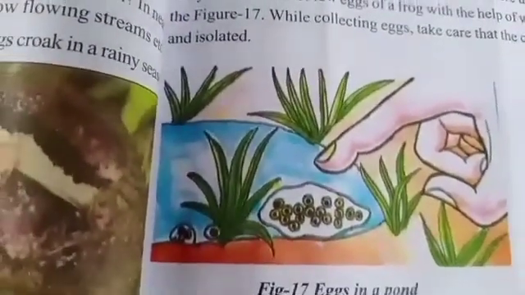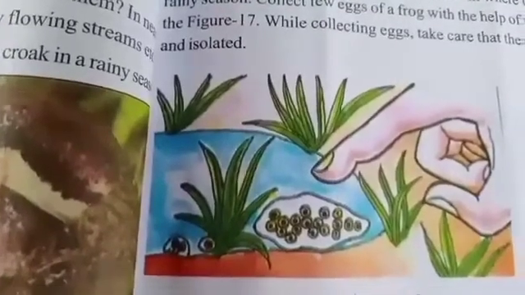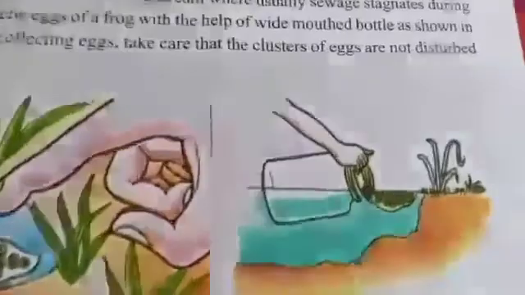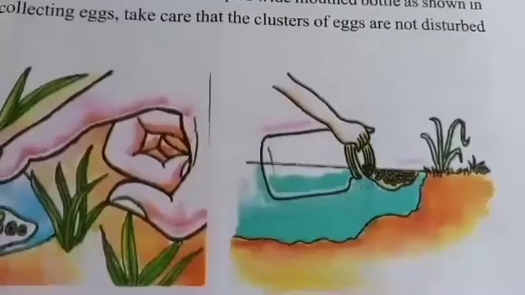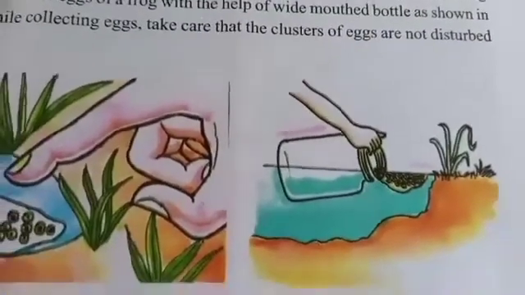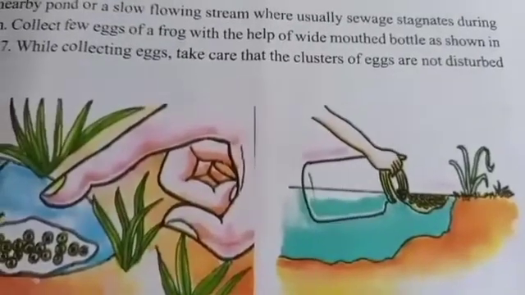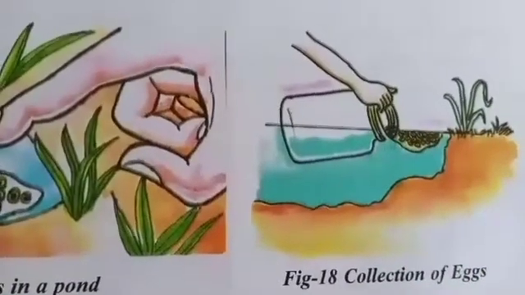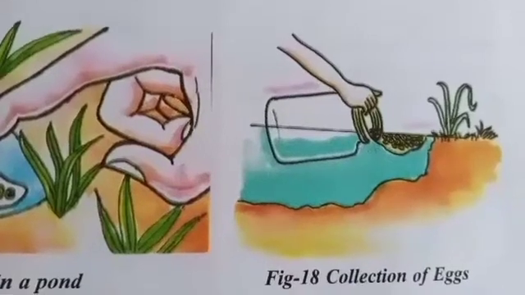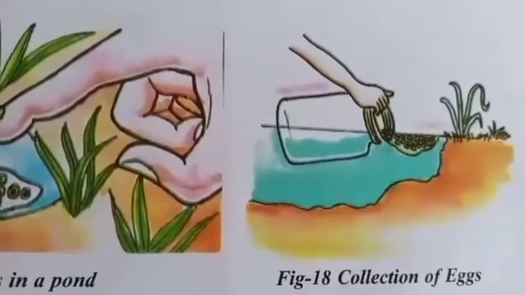And how will you collect the eggs? You take a wide mouthed transparent glass tub, collect the eggs from the water into the tub, and keep some weed plants and algae in the tub.